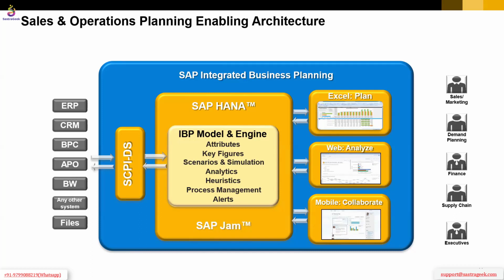Apart from that is the user friendliness. The moment you start using IBP, it's nothing but an Excel front end, right? Planners are used to working in Excel. That helps them. It's more user friendly than accessing product view or planning views. You can have analytics charts embedded within the planning views themselves.